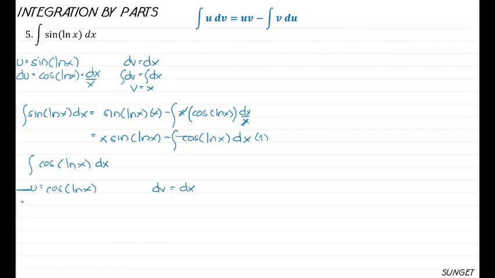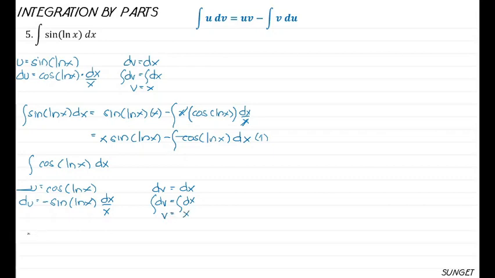So differentiate: du is equal to the derivative of cosine ln x, so negative sine of ln x times dx over x. Then for the dv part, integrate, so v is equal to x.